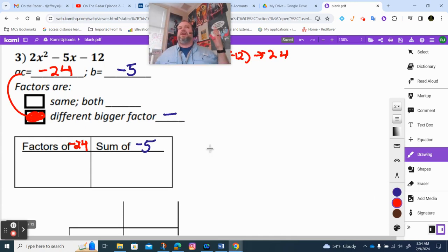So numbers that will divide 24. Okay. Well, bigger factor has to be negative. All right. So that happens to be what we need.